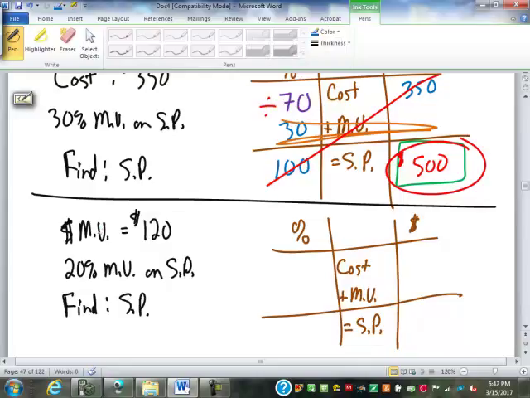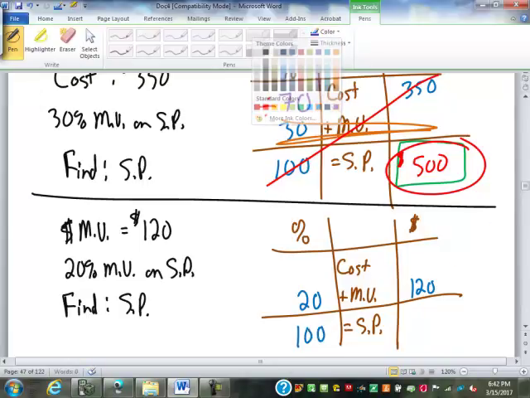So markup is $120 on the dollar side and 20 on the percent side. What else do we have? 100 on the selling price side, and of course the percent on the cost side is 80.